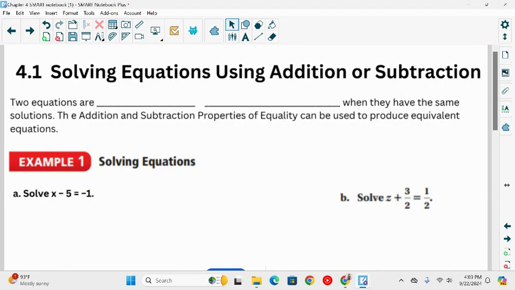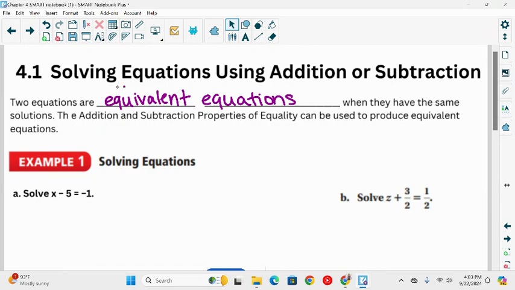Okay, so looking at our notes, the first blurb here says two equations are blank blank when they have the same solutions. The addition and subtraction properties of equality can be used to produce equivalent equations. So the two equations are equivalent equations when they have the same solution.